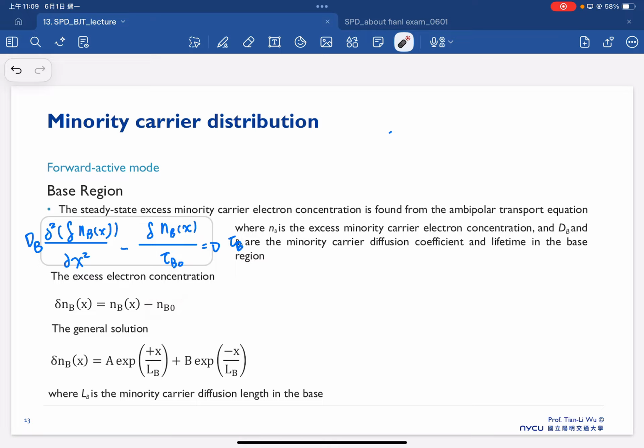The general solution from this equation can be shown here, where LB is the minority carrier diffusion length in the base. That's the first solution that we get for the base region. Particularly, we are interested in the excess minority concentration in the base region.